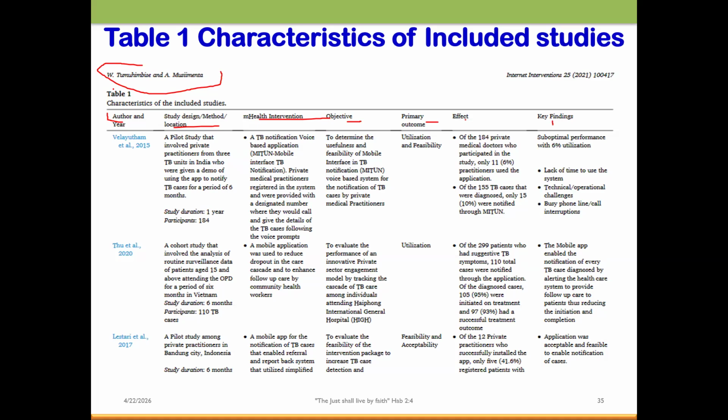Based on the search we've been highlighting here, get the keywords of your topic and look for, let's say, 20 studies. Download their PDFs, read them and extract the information: the study design, the kind of intervention being studied, the objective, the primary outcome.